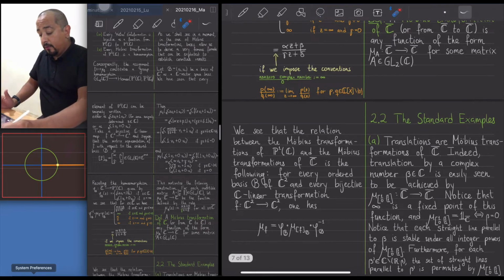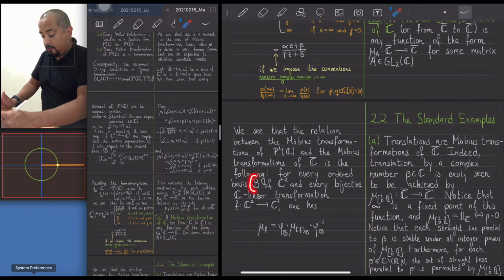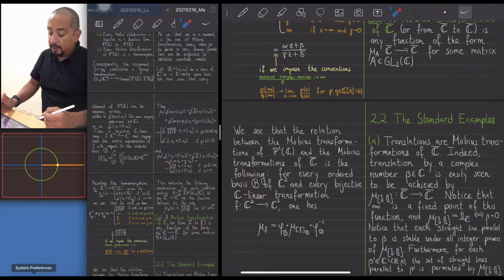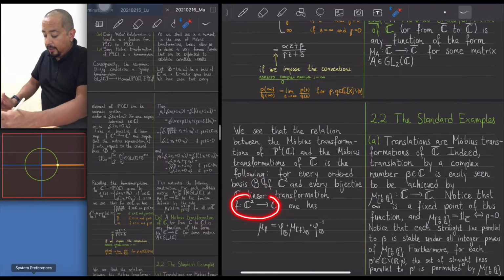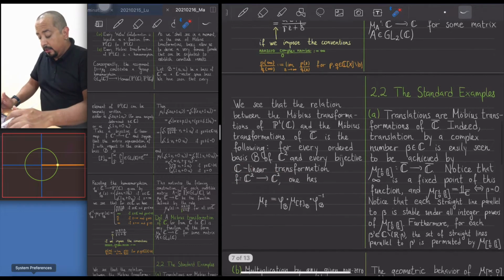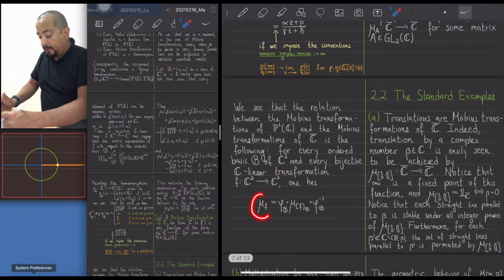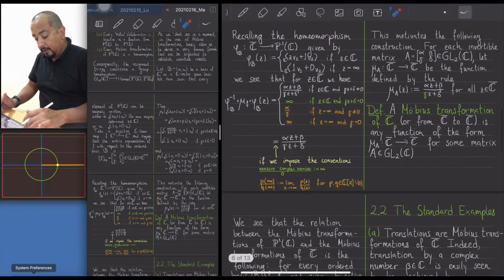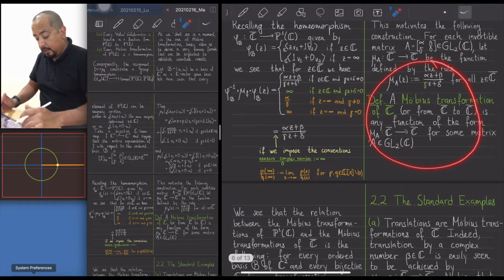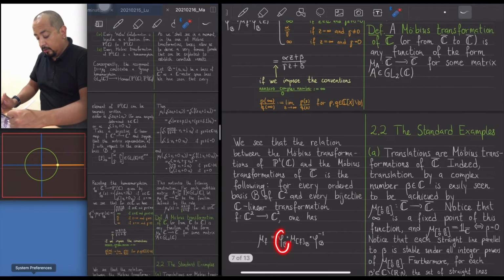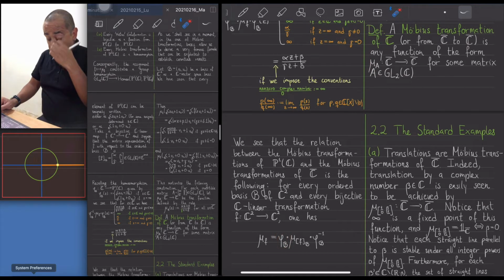If we fix a basis, and if we are given a C-linear transformation, then the way we express the Möbius transformation of P1 associated to F is given as this composition, where of course we first go to C bar, then in C bar we apply this definition here, and then we go back to the complex projective line.